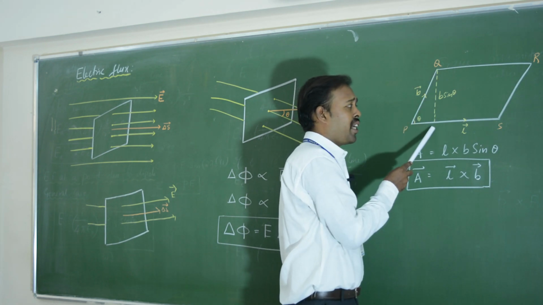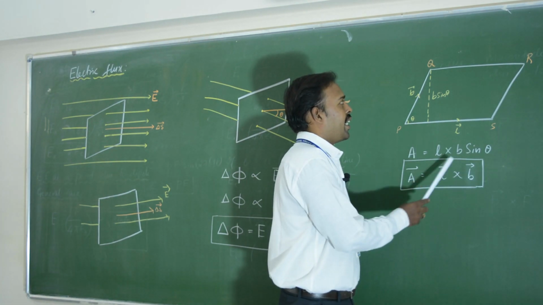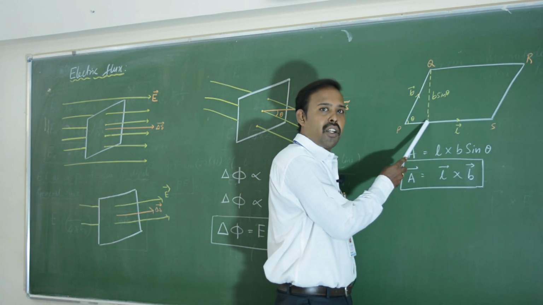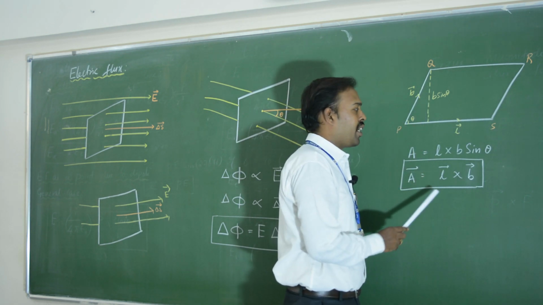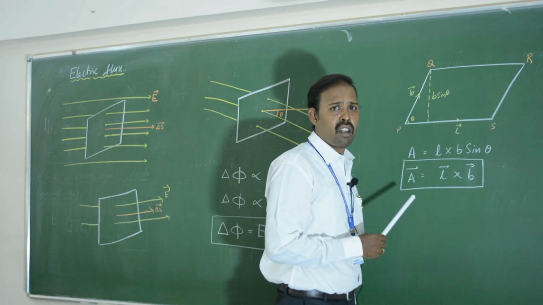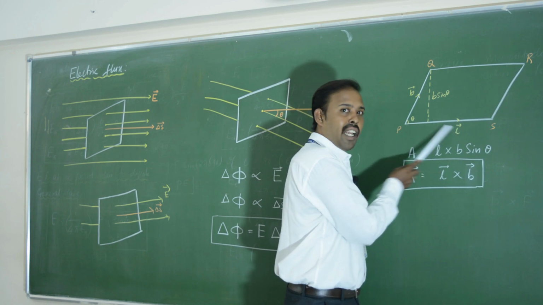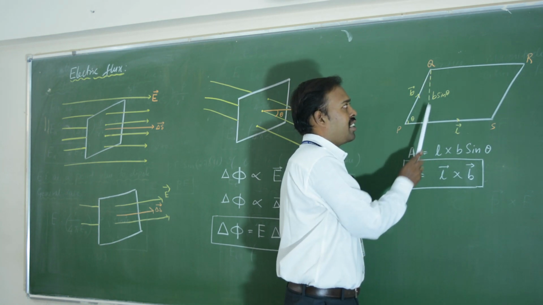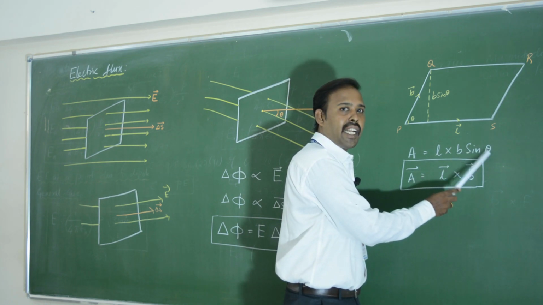This length into this perpendicular will give you the area of the parallelogram. I think you have studied this in your 10th class. So A is equal to length L and this perpendicular distance is B sin theta. So area will be equal to LB sin theta.